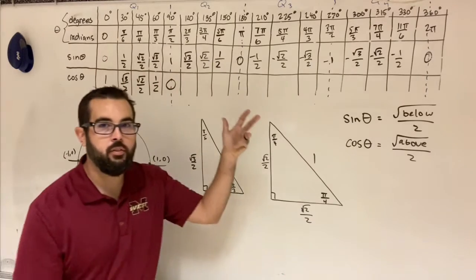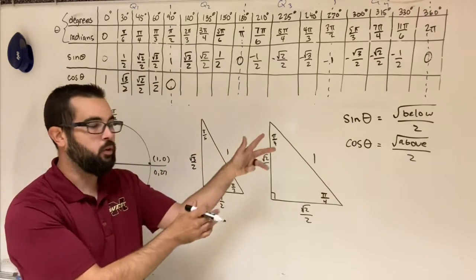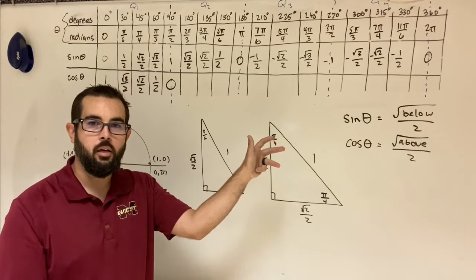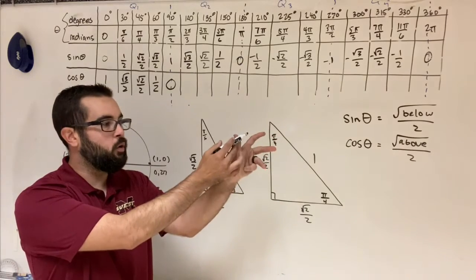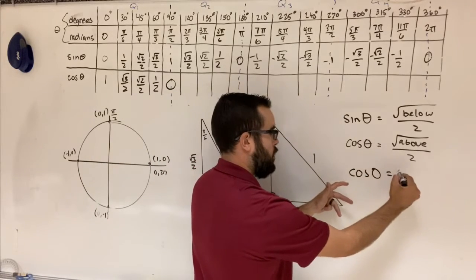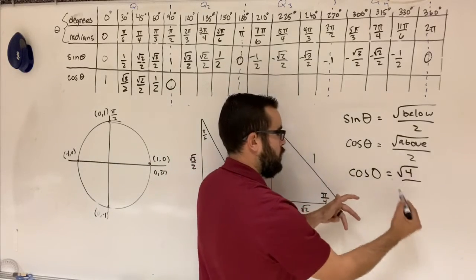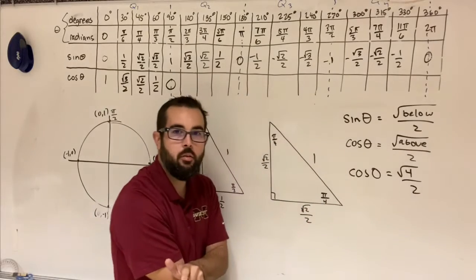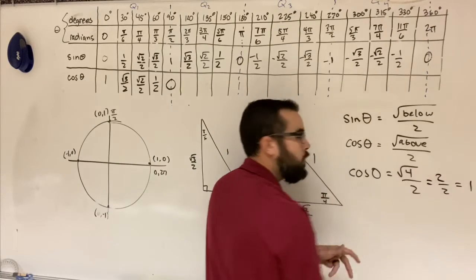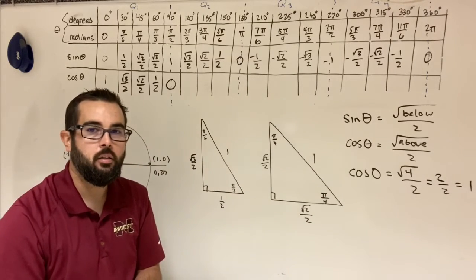So the cosine of 0, you fold in your 0. Sorry, my hand looks a little funny when I fold in the pinky. The fingers above, there's 4 fingers above. Divided by 2, the square root of 4 is 2, and 2 divided by 2 is 1.